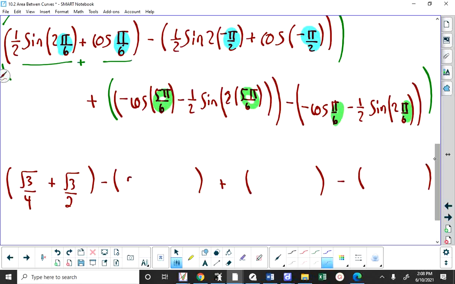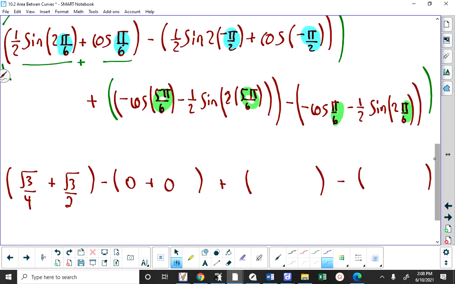Times 1/2 is 0. Cos of negative pi over 2, jackpot, 0. I mentioned this yesterday, I think, don't try to connect any significance to what that means. Don't, you'll go crazy.